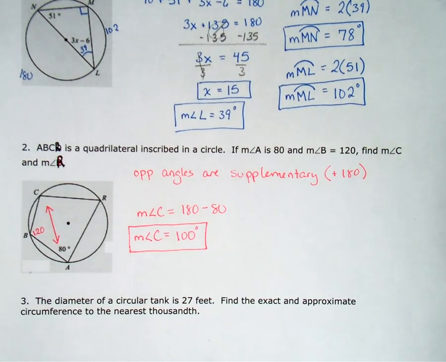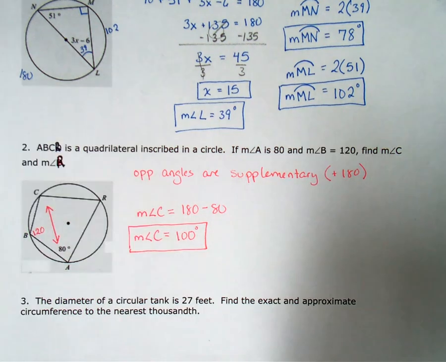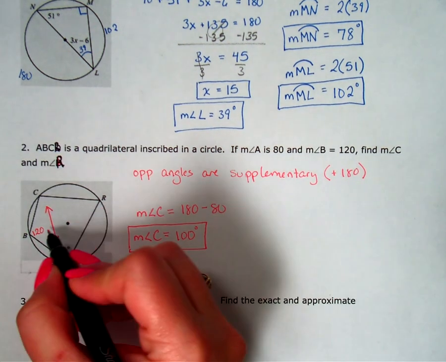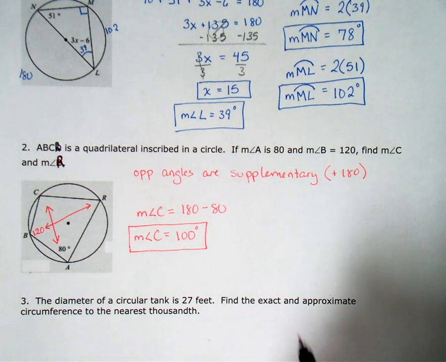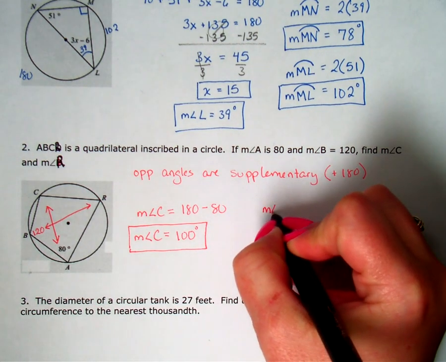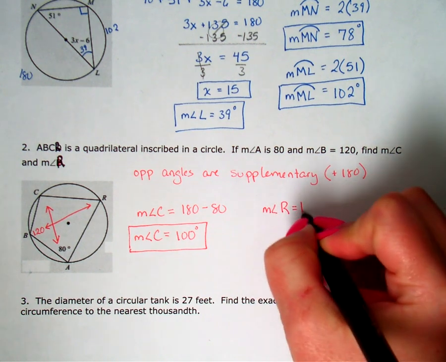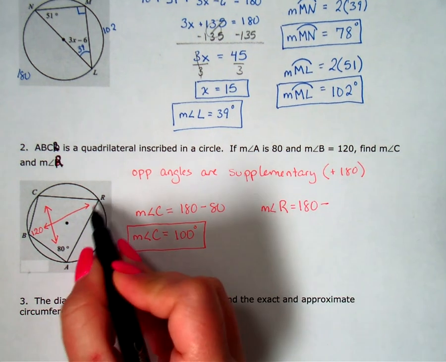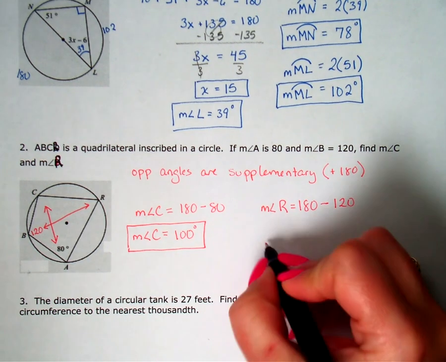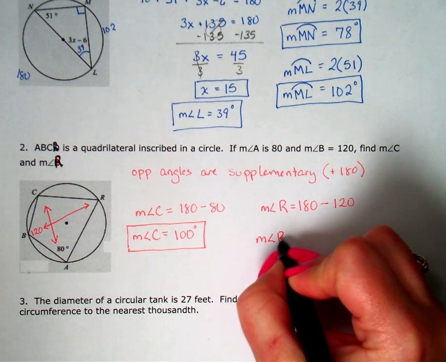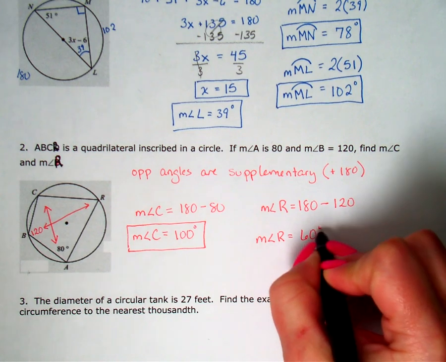Okay, these two together are going to have to make 180 because they're across from each other. So the measure of angle R is going to be 180 minus the angle that's across from it, 120. So the measure of angle R is going to be 60 degrees.